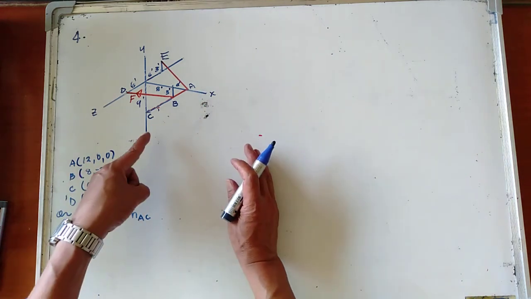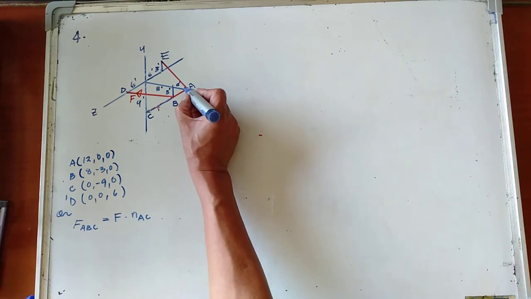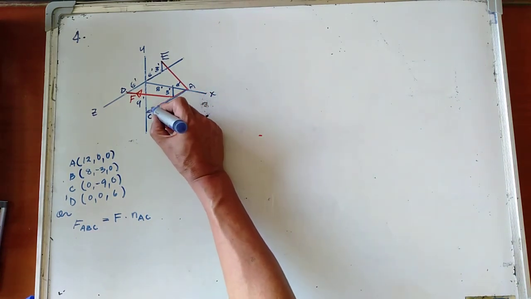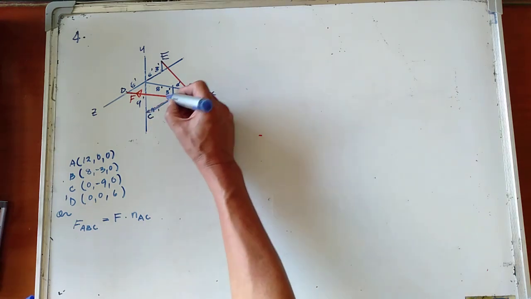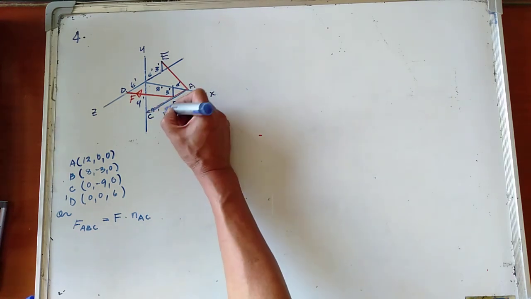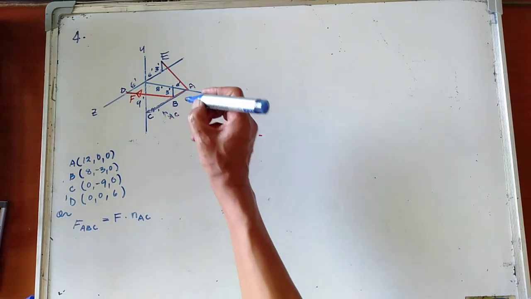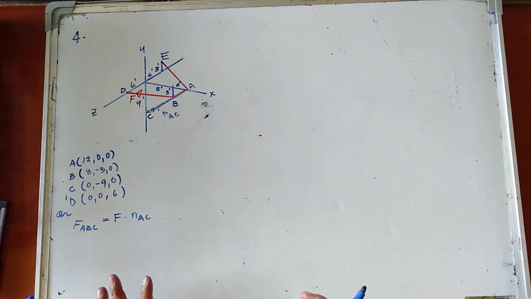Before, we did consider a position vector BC. At this time, let us try to consider a position vector AC, since AC is still along ABC. So that is a position vector RAC.